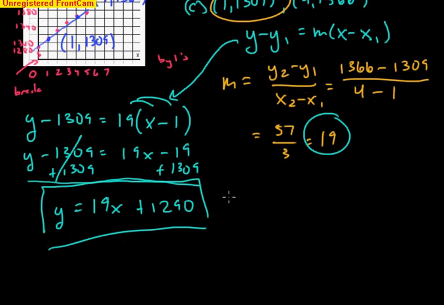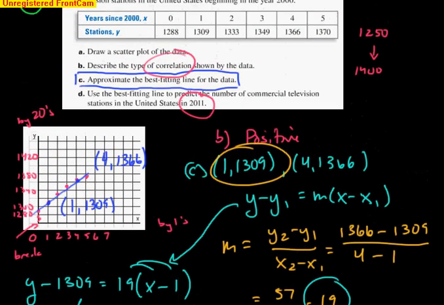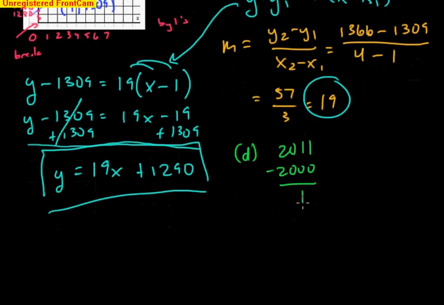So when I come down here and do D, and I'll do D in green, to find out 2011, I first need to take away 2000. Years since 2000. And I get 11, and that's my x value. So you know what I do with this x value?